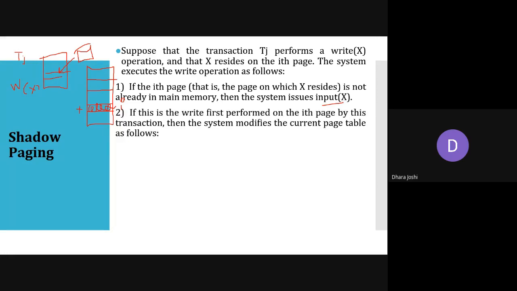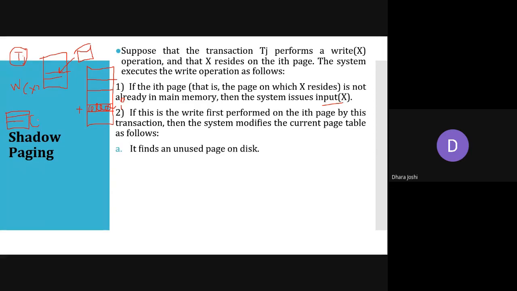Second point: if this is the first write operation performed on the ith page by this transaction Tj, then the system modifies the current page table like this. The current page table is where the changes will actually be made. This is the current page table, which has pages 1, 2, 3 up to n.